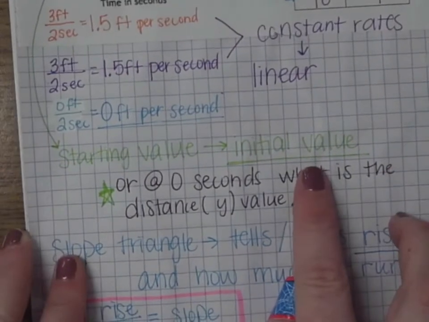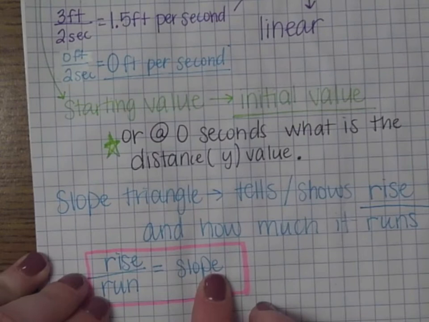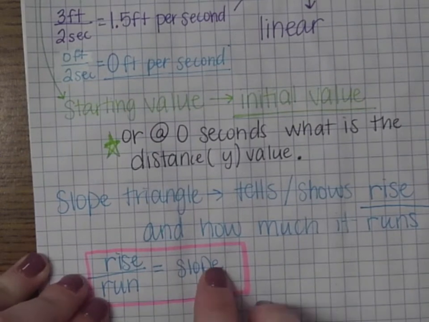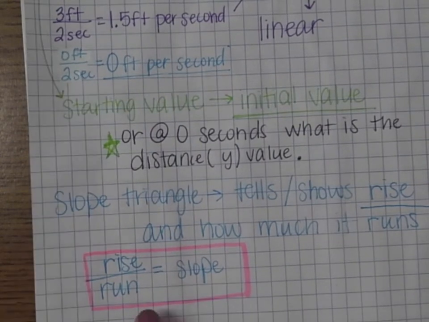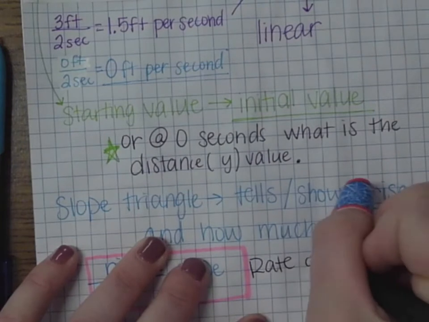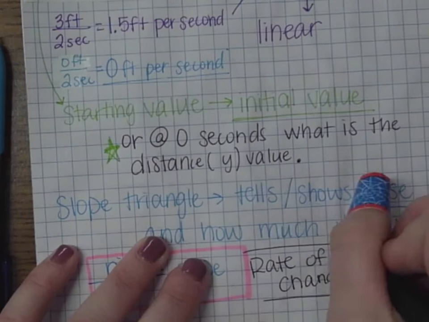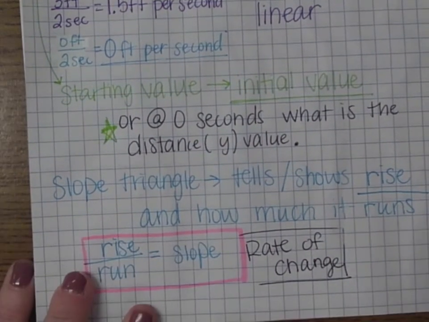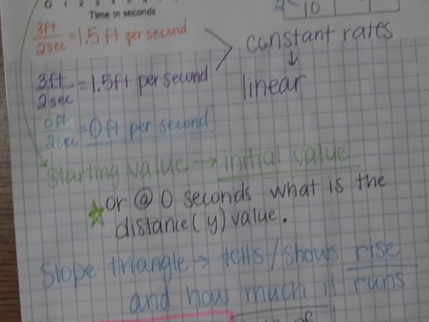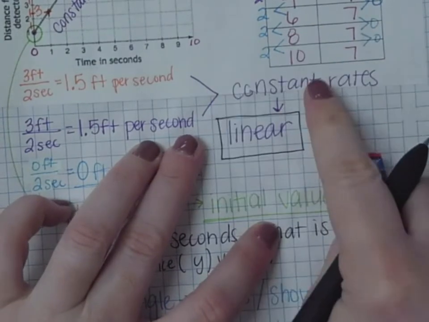Okay, so we have a lot of things there. Initial value, slope, or rate of change. So slope, you can also call this rate of change. Those are the two vocabulary words that we've now covered. Oh, and linear, sorry, here's another word for you. Linear is constant rate of change.